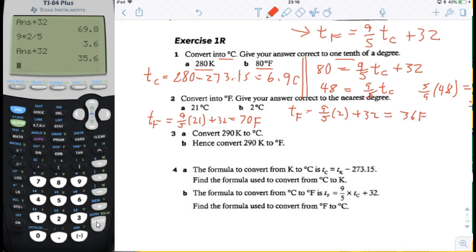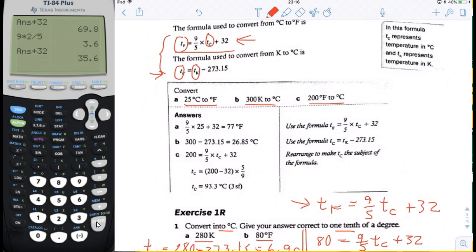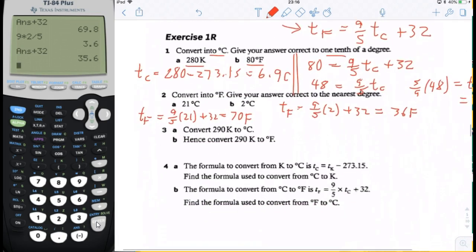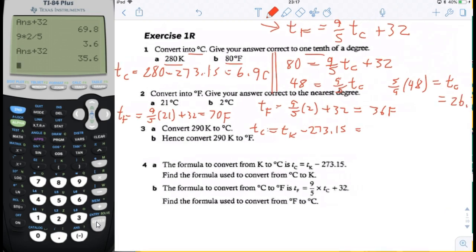Now I go to number 3. Convert 290 Kelvin to C. What's the formula again for Kelvin? It is Tc equals Tk minus 273.15. Let's try that. We want to change 290 K to Tc, so we don't need to do any algebra because everything's already on the right side of the equation.